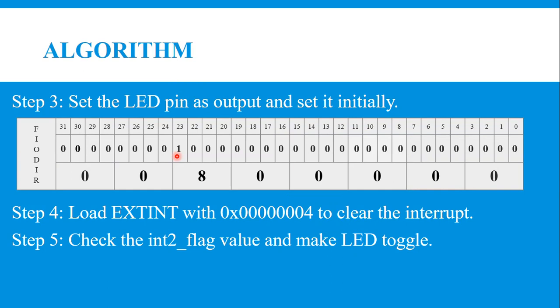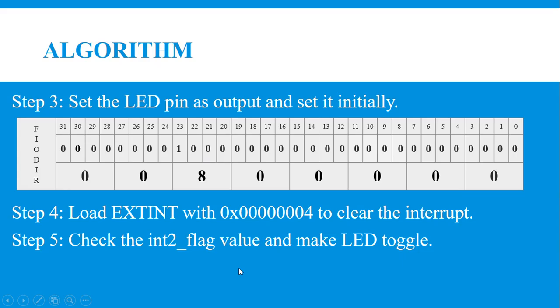Then load the EXTINT register, a 32-bit register, with the value 0x04. If you segment the code 4 as 0 1 0 0, the last nibble has bit number 2 equal to 1. I'll explain why by going back to the data sheet of the register.